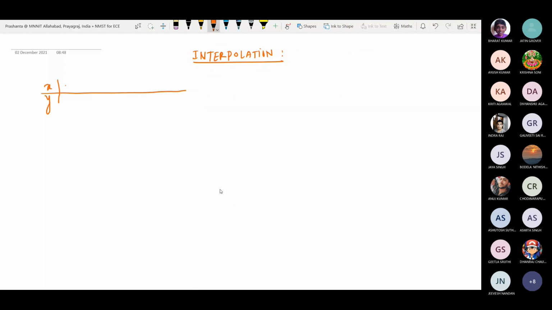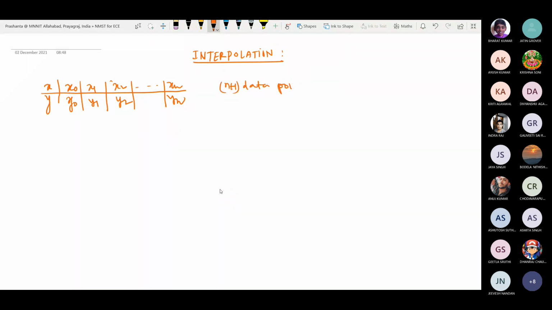Suppose n plus 1 data points are given: x0, y0, x1, y1, x2, y2, up to xn, yn. How many data points are there? n plus 1 data points.